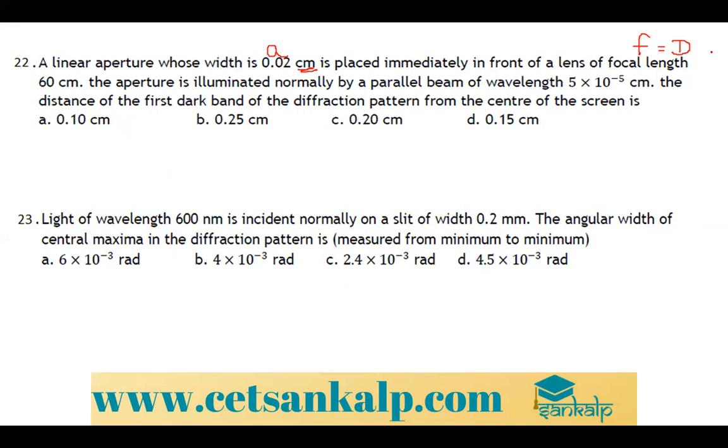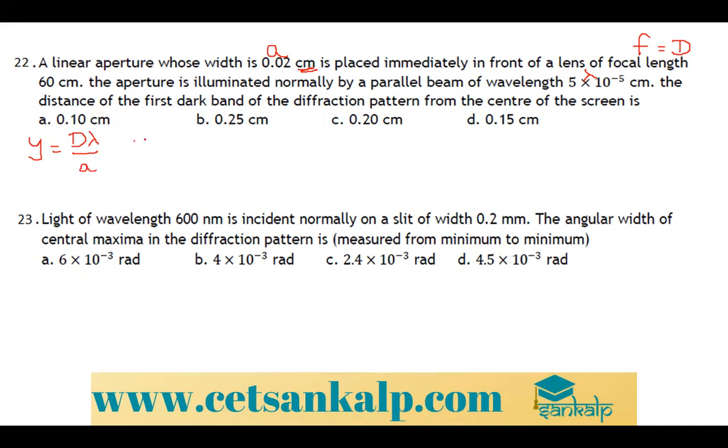The aperture is illuminated normally by a parallel beam of wavelength 5 into, so lambda is, okay, the distance of first dark band of the diffraction pattern from the center of the screen is, okay, so the formula is given as y is equal to D lambda by a.